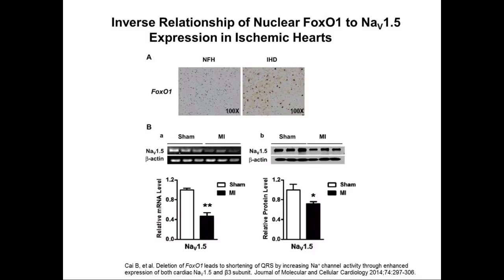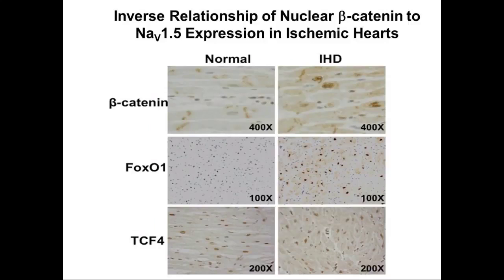Also, we did myocardial infarction and measured sodium channel mRNA and protein levels from the border zone of the infarct. Both mRNA and protein levels of sodium channel proteins are significantly decreased. That's a potential link between these transcription factors and sodium channel expression.